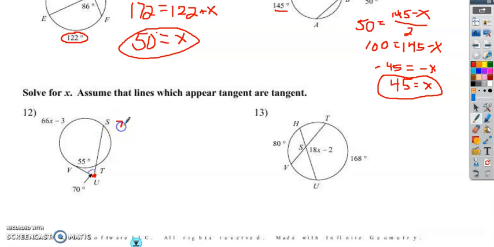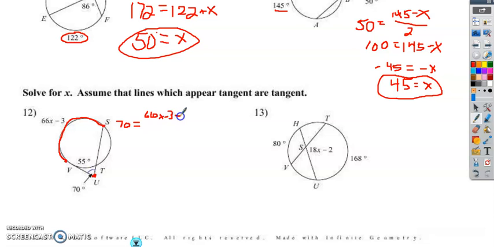So what I'm looking at right here is something like 70 is equal to the larger arc, which goes all the way around to here. That's going to be the 66x minus 3.